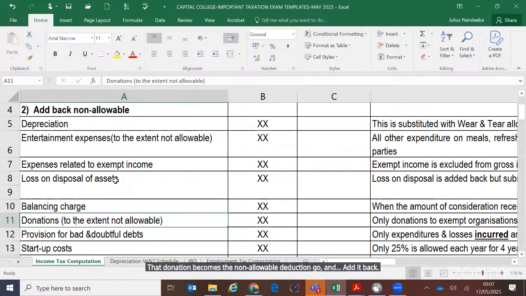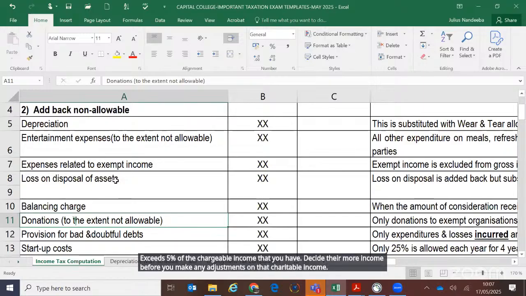Now, if it has a certificate of exemption, you'll also have to make another test. Does this donation exceed 5% of the chargeable income that you have? The chargeable income before you make any adjustment on that chargeable income.